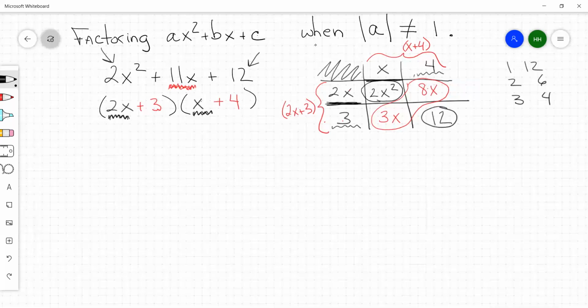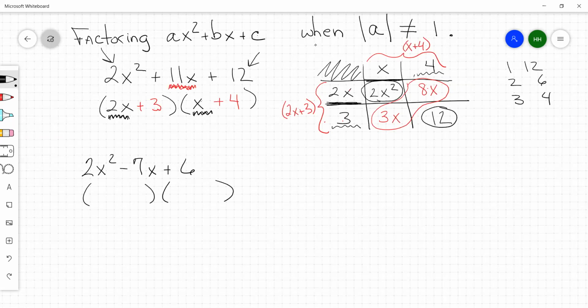So let's try 2x squared minus 7x plus 6. All right, I know I'm going to be here and here. I know I'm going to have a 2x and an x.